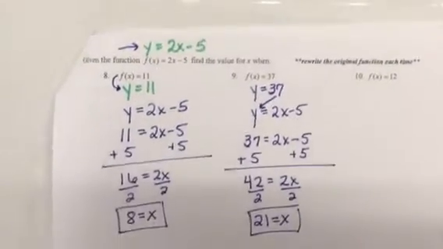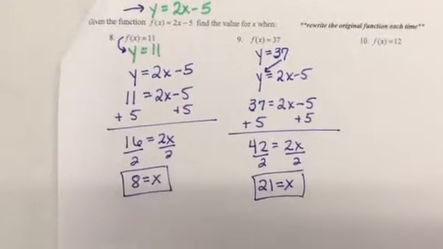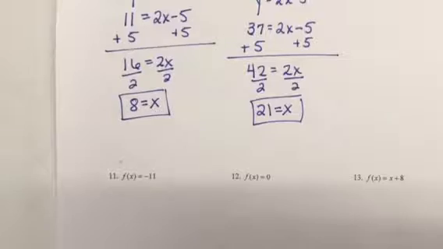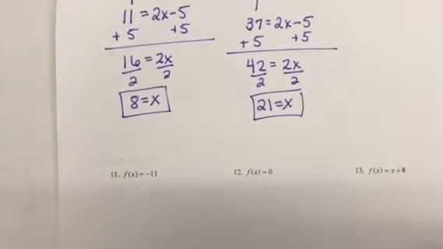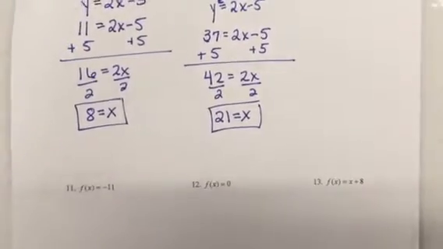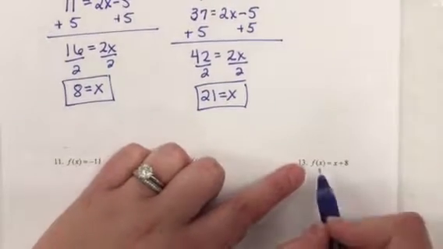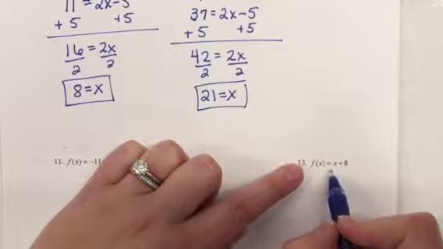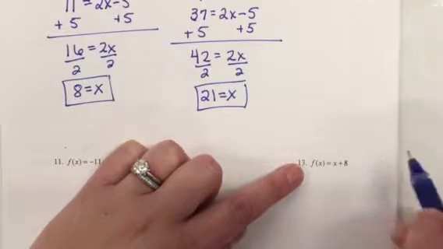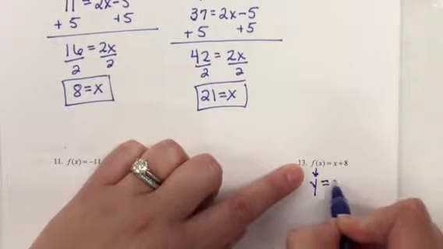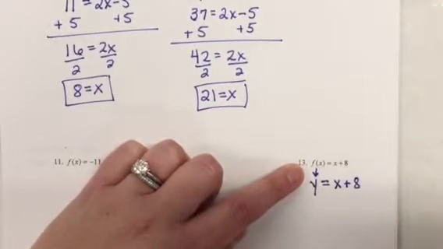So now 10 and 11, I'm going to let you try those on your own. Remember, if you get a fraction, that's okay. We're okay with that, okay? So what I want to look at is question 13. This says f of x is equal to x plus 8. F of x I can rewrite as y equals x plus 8.